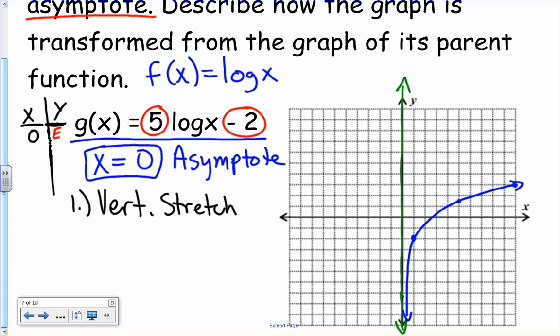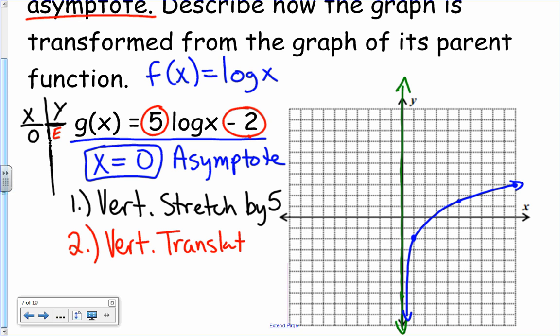Whole number is stretch. Vertical's outside, and it would be by 5. The second thing that we have is this minus 2 at the end on the outside. It's still vertical because it's outside. But now it's a translation or shift because of the minus, and it goes down 2.